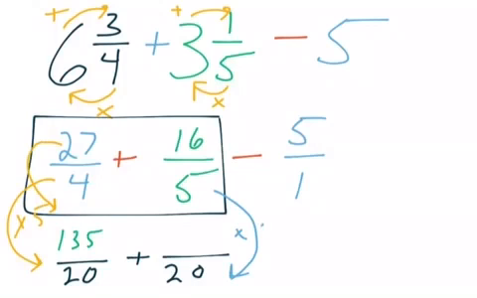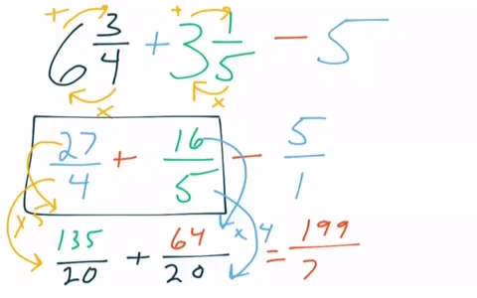That means we multiplied it by 4. So let's do the same thing to the top number 16. 16 times 4 should be, anybody, 64? Okay. And now we can add this across. 135 plus 64 should be 199. And we just keep our denominators as 20.